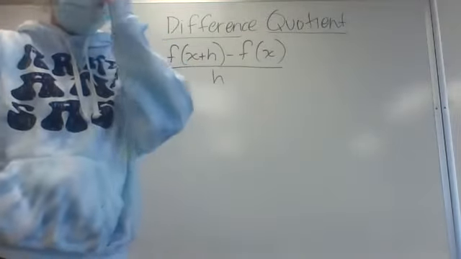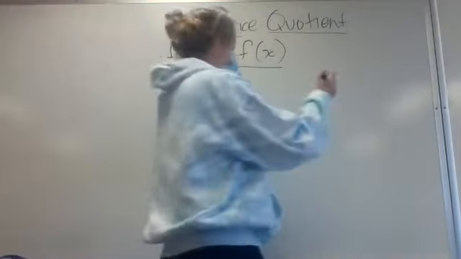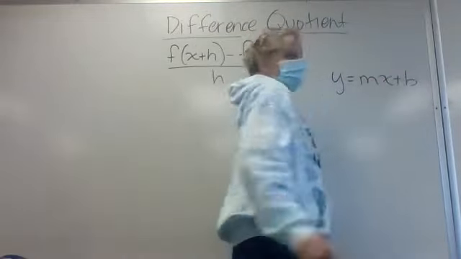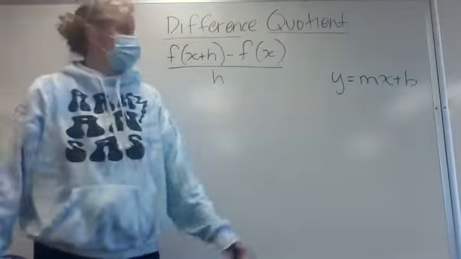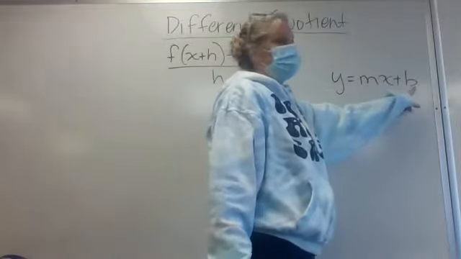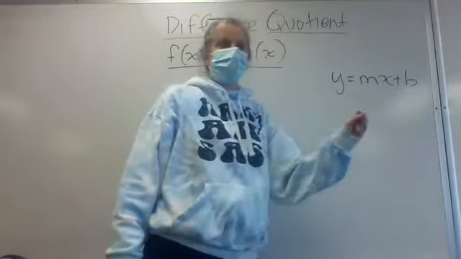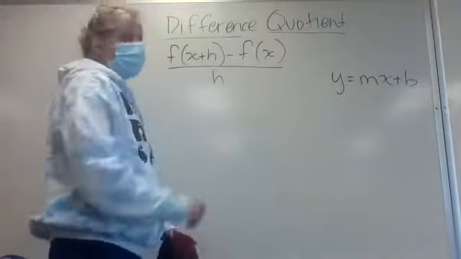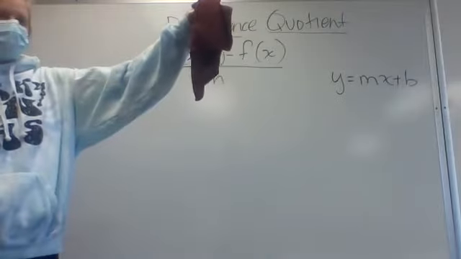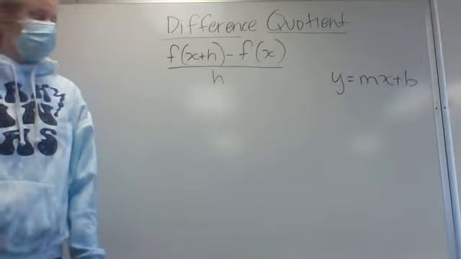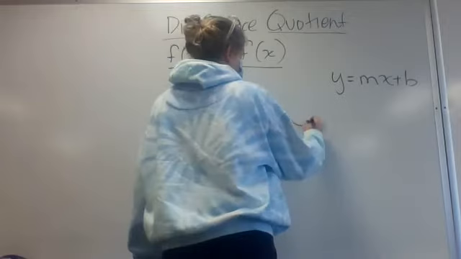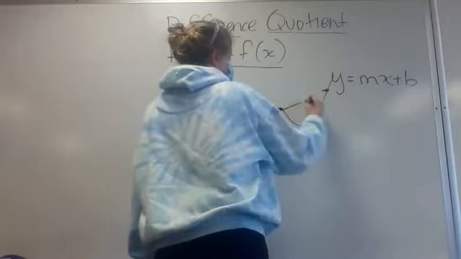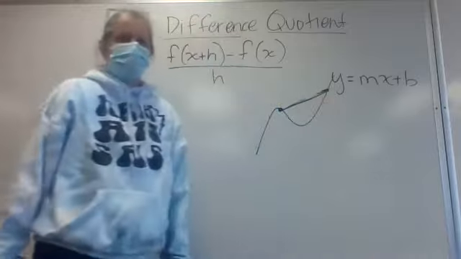Because if you are a straight line, you come in the form of, y'all heard that y equals mx plus b, where m is your slope and the b is where it crosses the y-axis. It's the y-intercept. So it's easy to tell on a line what the average rate of change is, or the slope. But what if you're something like this and you want to find the average rate of change between 2 points like that?